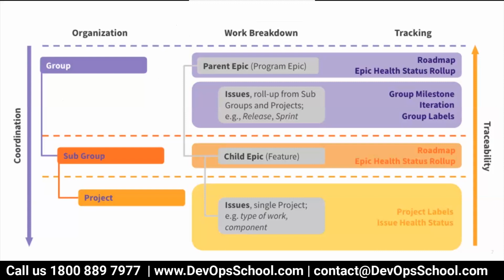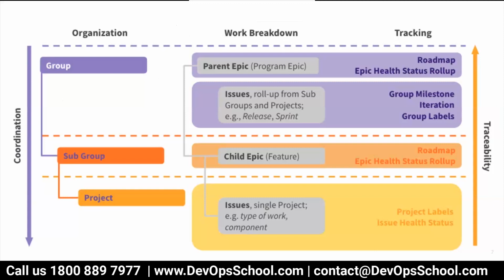At the group level you can manage the group roadmap, group milestone, group iteration, and stuff like that. At the subgroup level you can manage the child epic, roadmap and epic health status roll up, and then at the project level you can manage all the issues and tasks and all stuff like that. So you can correlate this way.